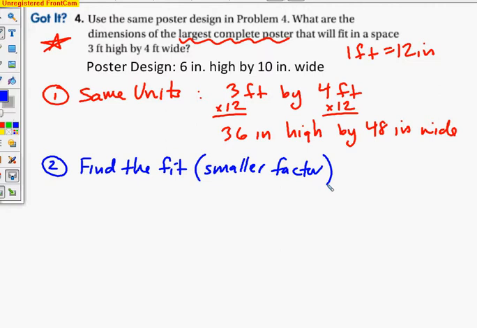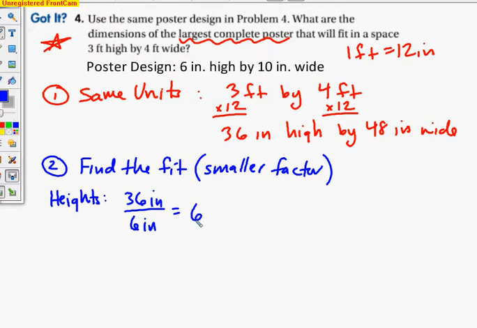So if I compare the heights first, the space is 36 inches high, and I want to fill in a 6-inch high poster. So by what factor could I blow up the poster? When you divide, factor of 6.